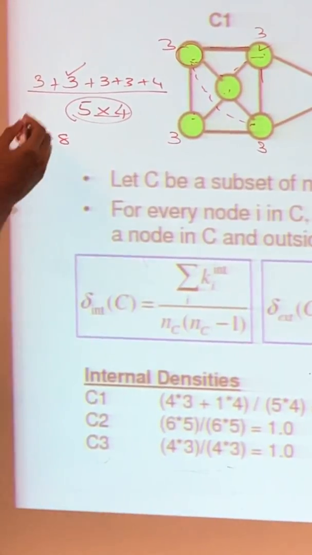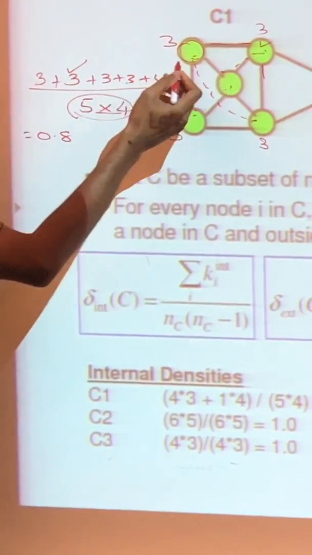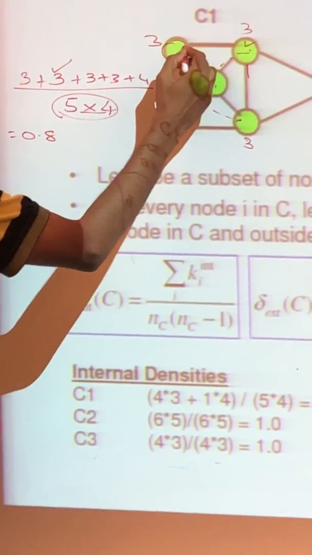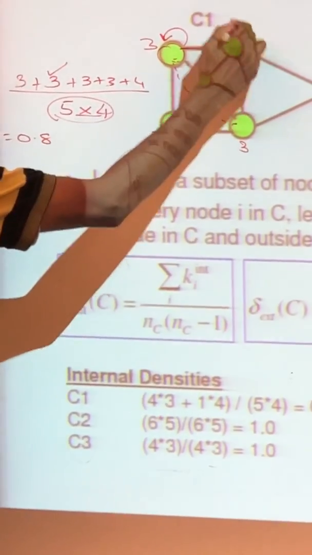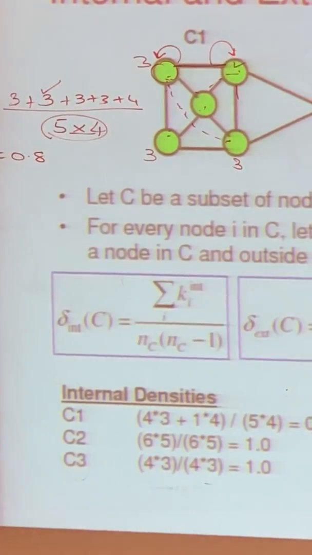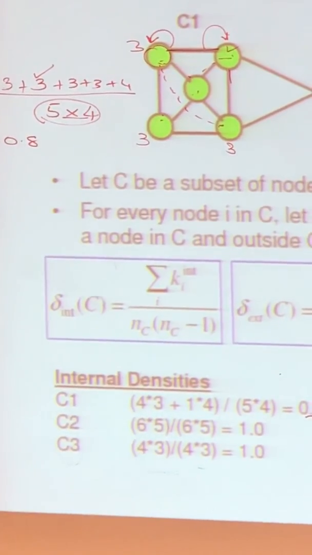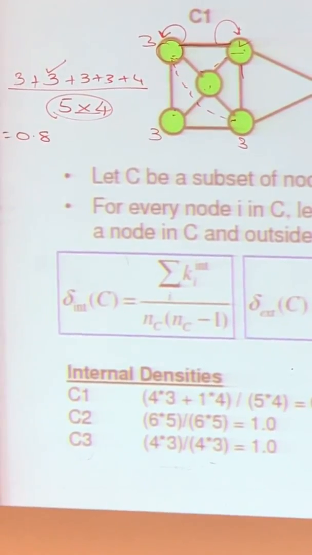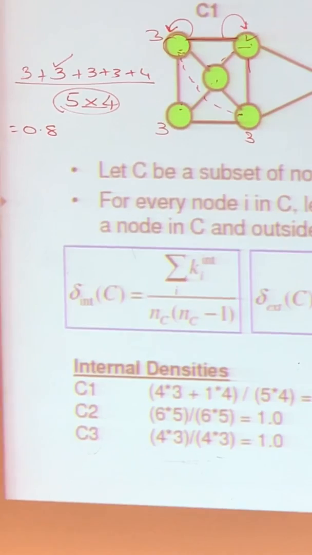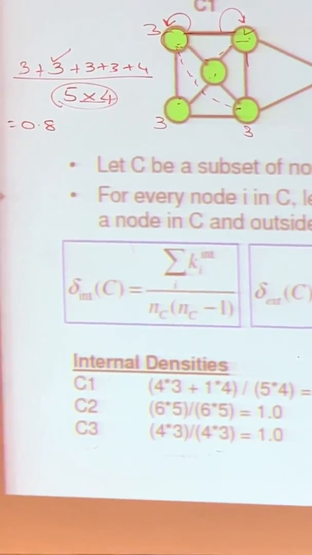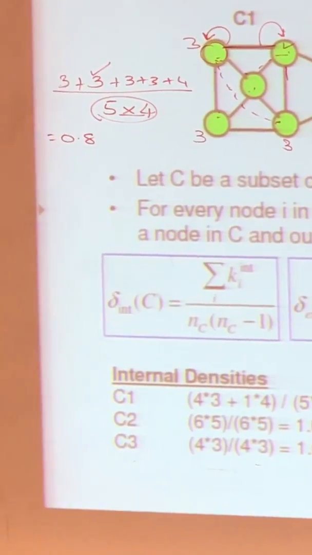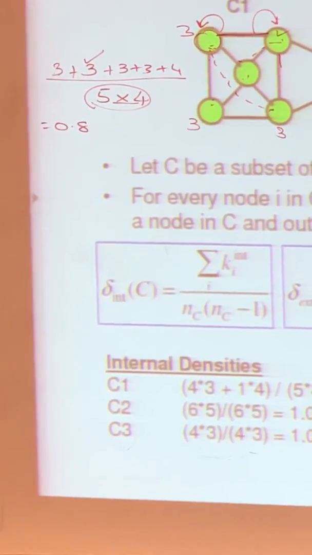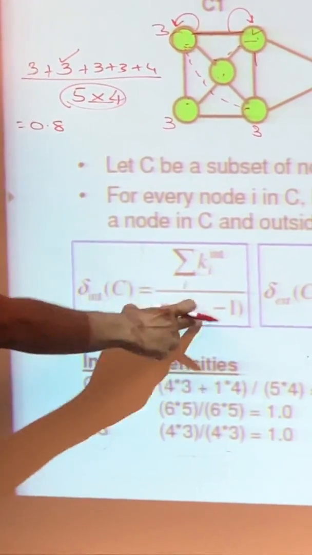Because in the numerator, you counted each edge twice. You see, this edge was counted twice, once from this vertex's point of view and once from this vertex's point of view. So you have to consider the denominator accordingly. Is that clear? Every other vertex except the one we are considering, so the number of vertices minus 1. So that's the formula actually.